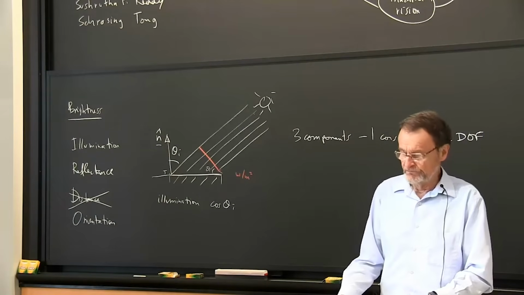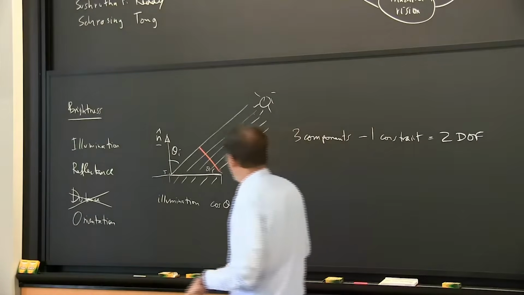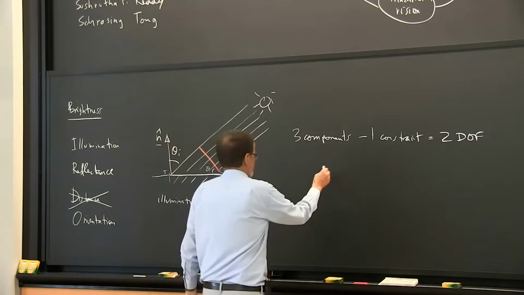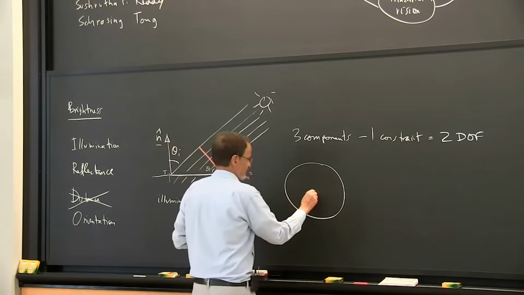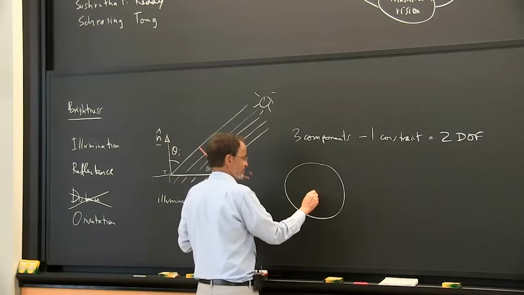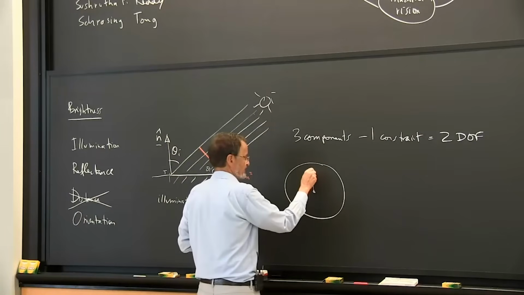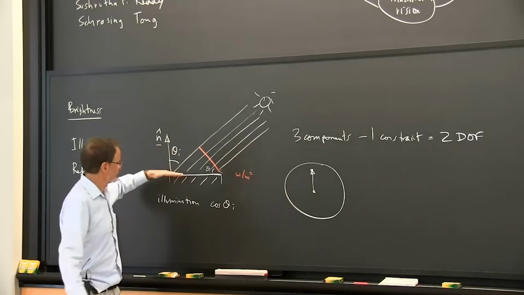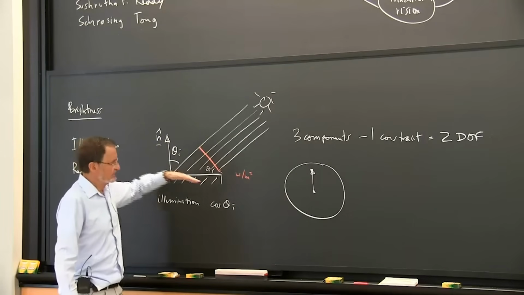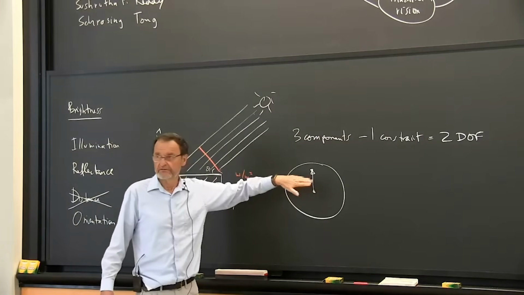And since this is such an important point, let's look at it another way. Another way of specifying surface orientation is to take this unit normal and put its tail at the center of a unit sphere and see where it hits the sphere. And so every surface orientation corresponds to a point on the sphere.